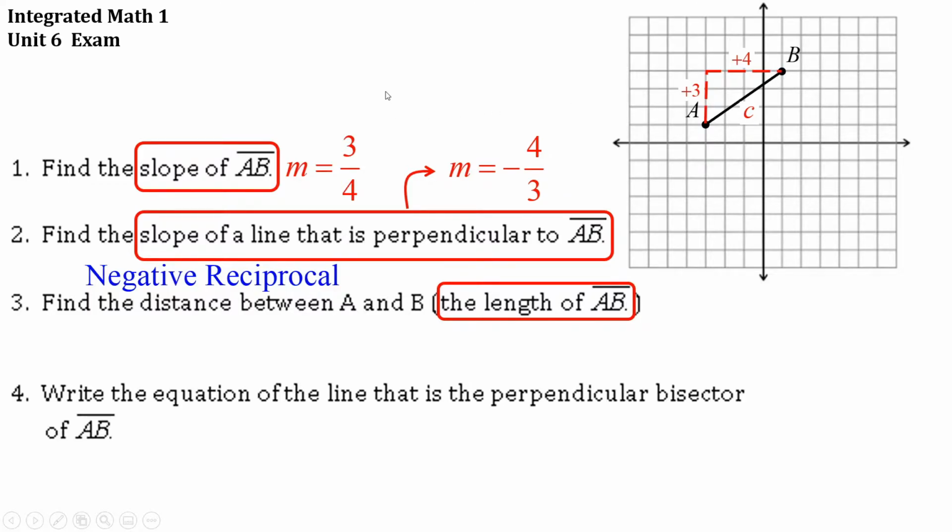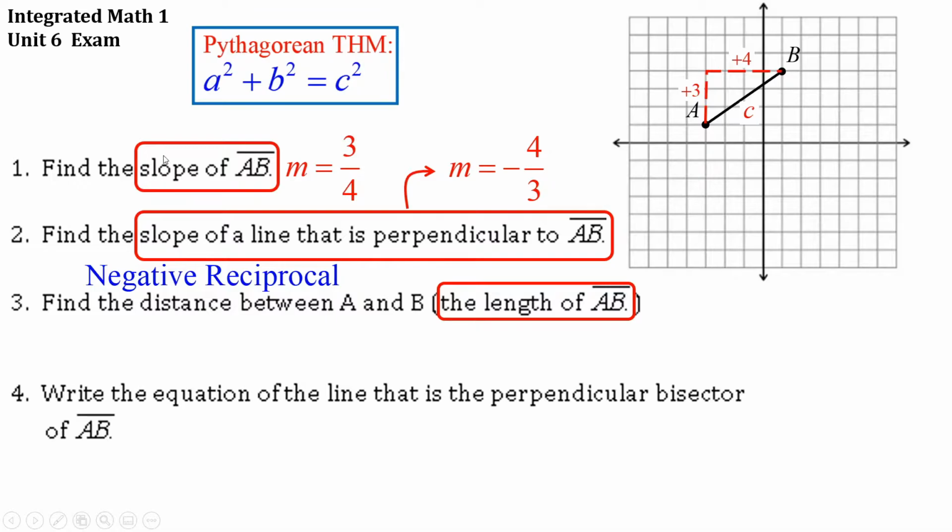And Pythagorean theorem says that in any right triangle, a squared plus b squared equals c squared. So let's go ahead and put this together. Now, what you need to understand is that A and B are the legs of my right triangle, and C is the hypotenuse of the right triangle, the distance we're trying to find.